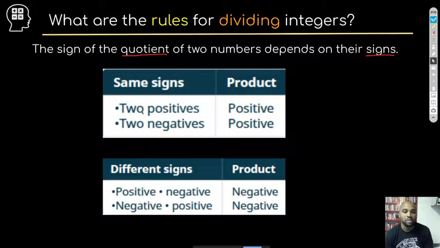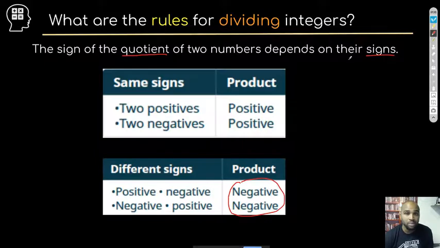If the signs are the same, you're going to get a positive answer. If the signs are different, you're going to get a negative answer. That's the same thing as multiplication, which makes this so much easier because you really don't have to remember anything different between multiplication and division rules concerning the signs.